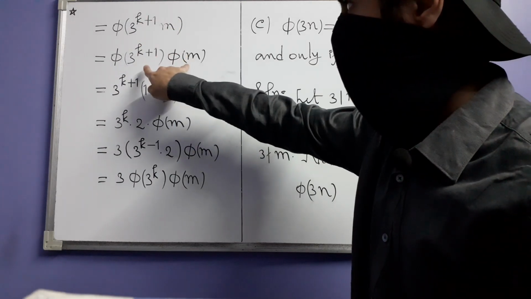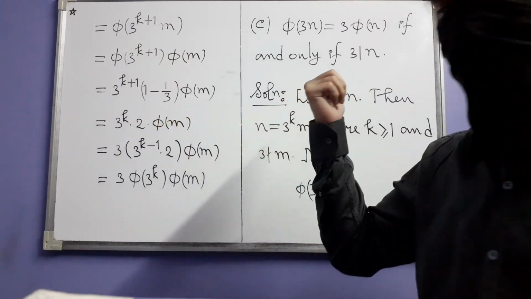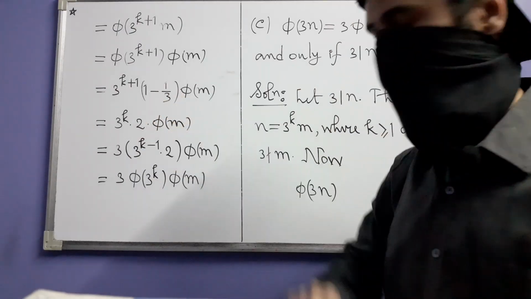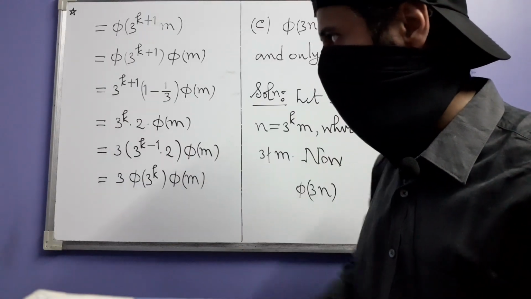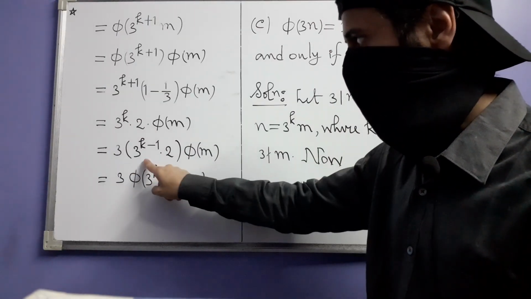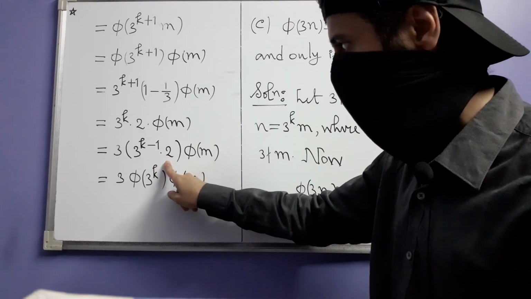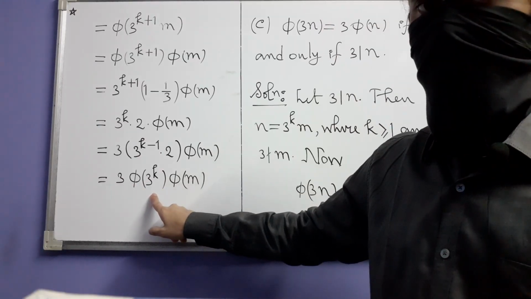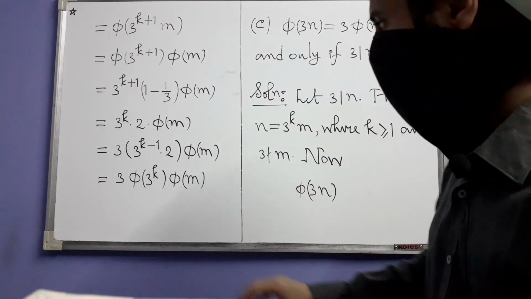So you split them like this, and then you calculate this part just like how you calculated that one, and the calculation gives you this. And here then again you can split this 3 to the power k like this, and you keep the 3 to the power k minus 1 with 2, because if you calculate phi of 3 to the power k, that just becomes this. It's a simple thing, right?